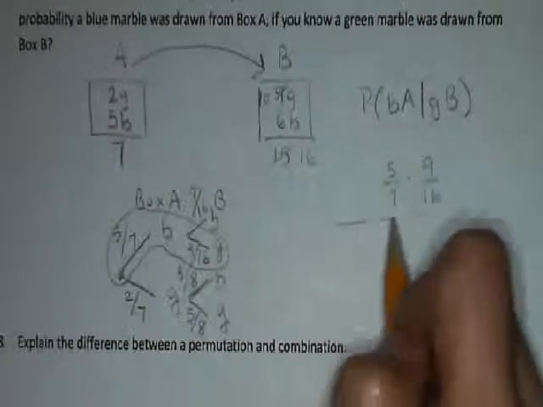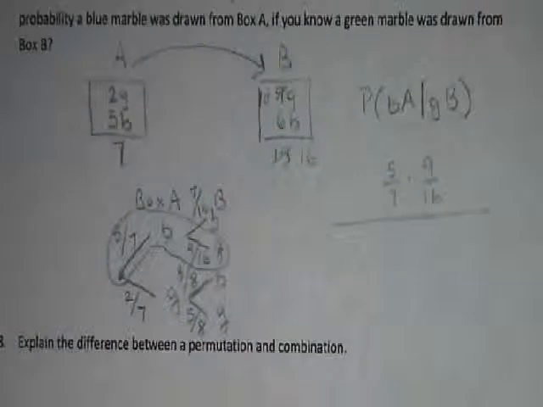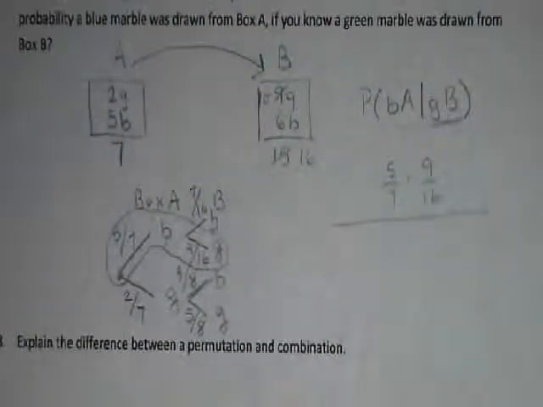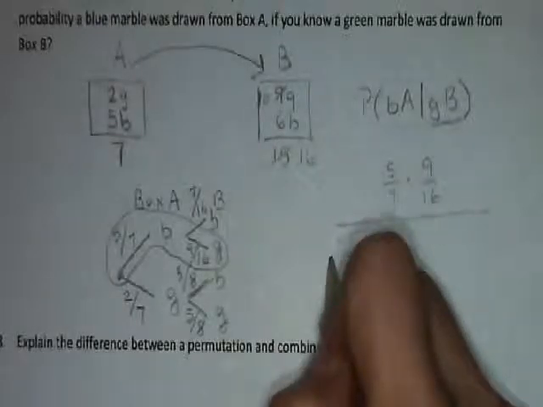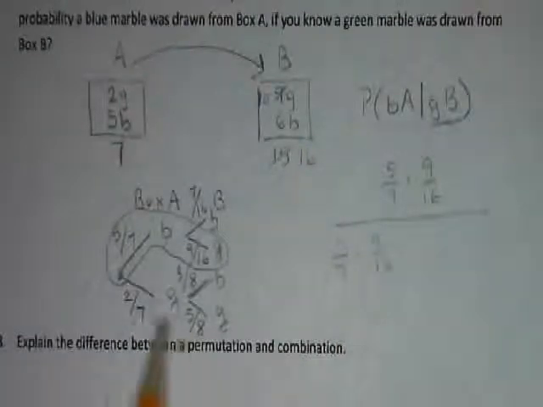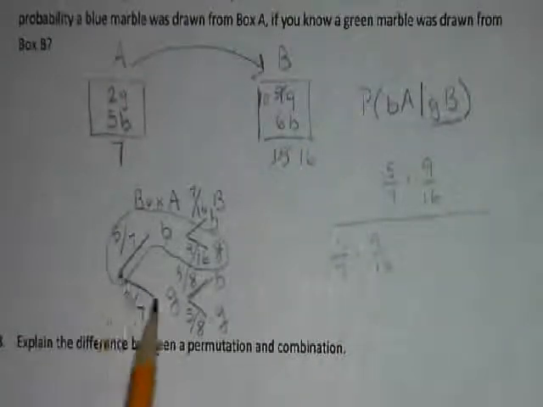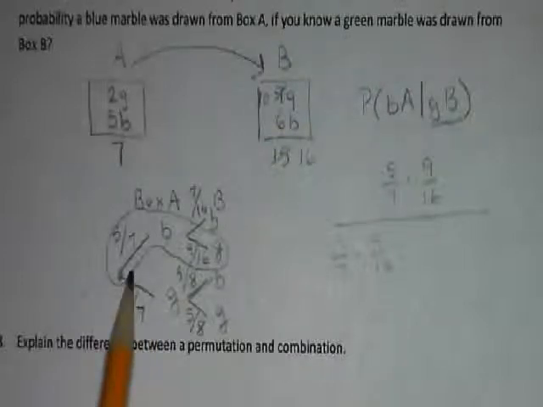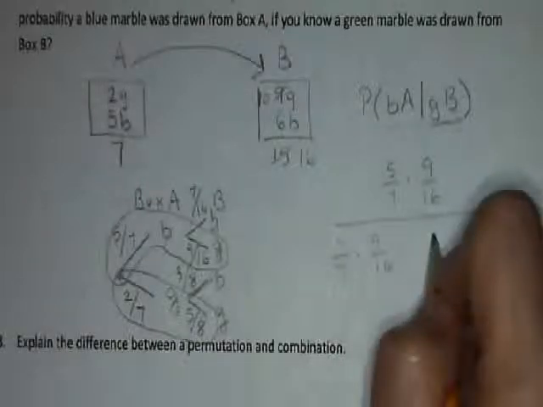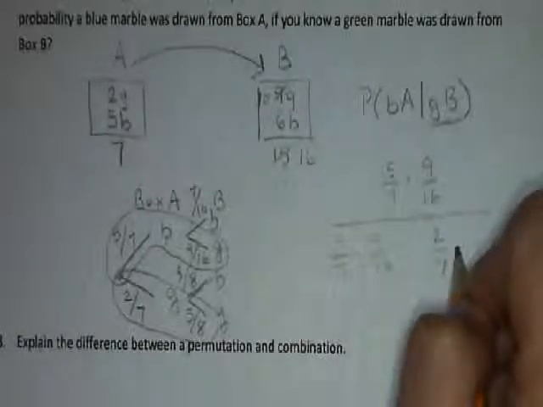On the bottom of the fraction, I'm looking for all of the ways to create this new sample space, which is a green out of box B. One of those is, again, the 5/7 times 9/16. The other one is if I choose a green from box A and a green from box B. And so that would be 2/7 times 5/8.